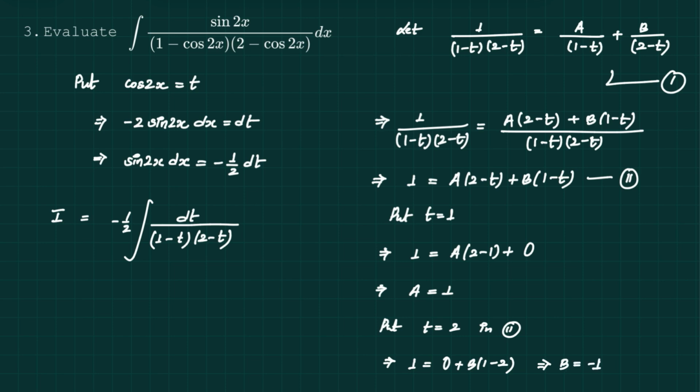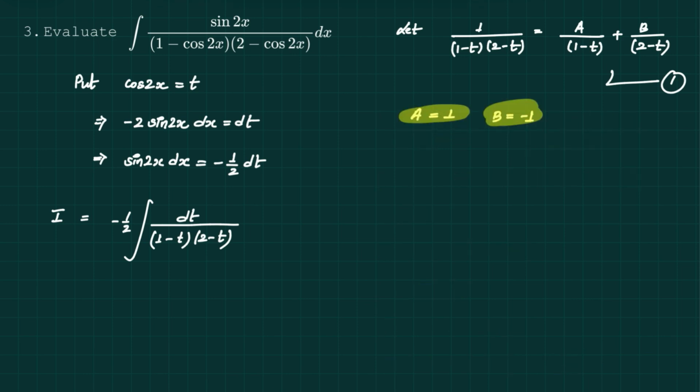Now since we got the values of a and b, let us put these values in equation 1. Putting back the values of a and b in equation 1, we have 1 over (1 minus t) into (2 minus t) equals a, which is 1, over 1 minus t, and since b is minus 1, here it will be minus 1 by 2 minus t.